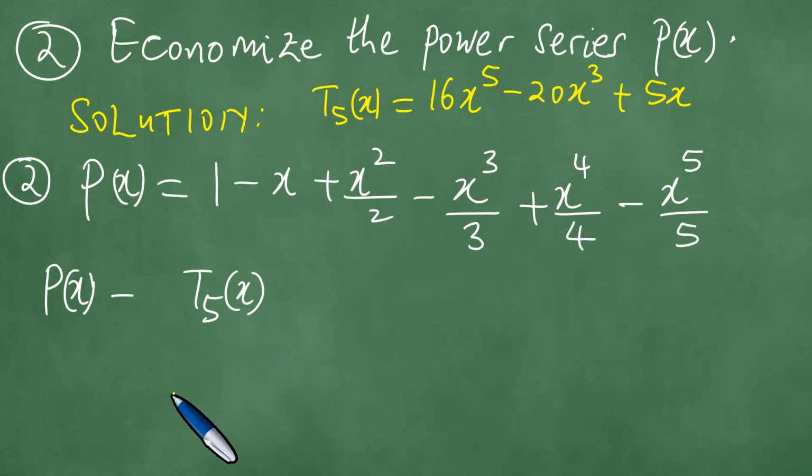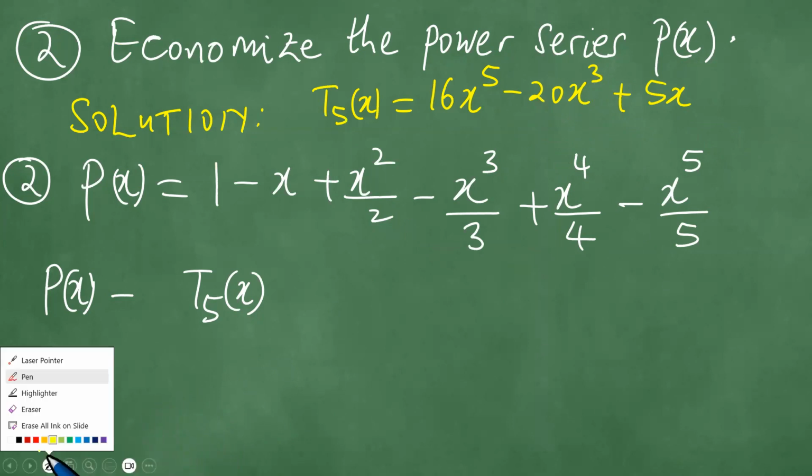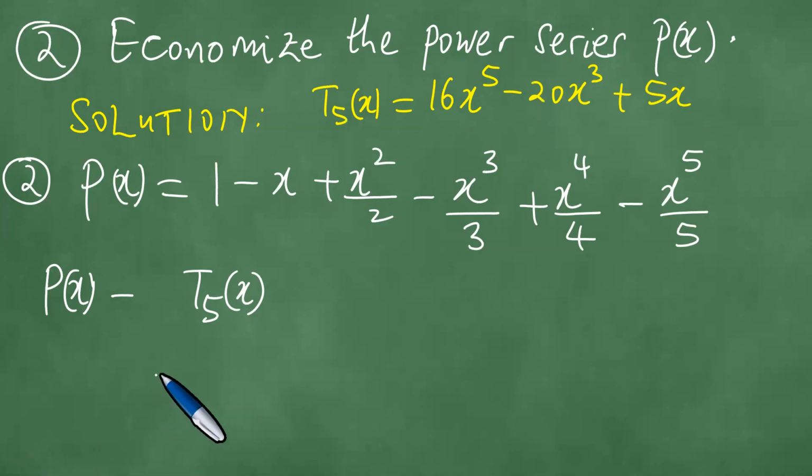Okay, that is the T5, the Chebyshev polynomial of degree 5. Right, so we need to eliminate the 5th power. So let's eliminate the 5th power by any algebraic manipulation possible.